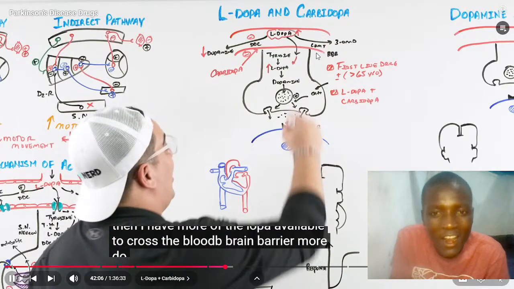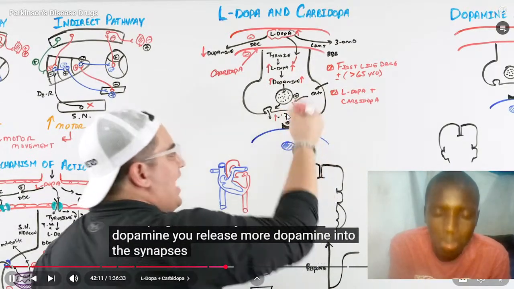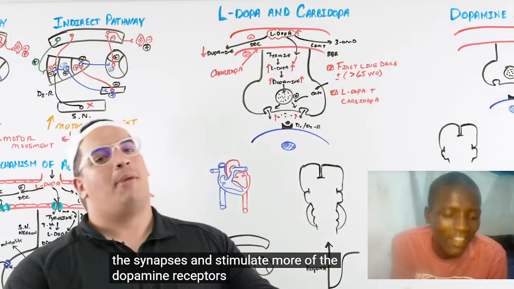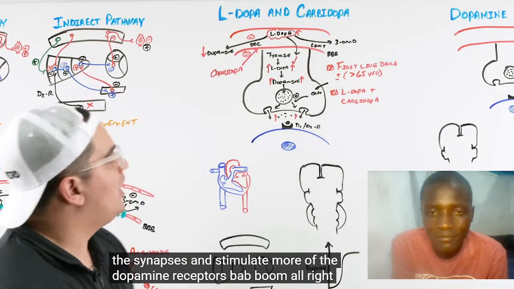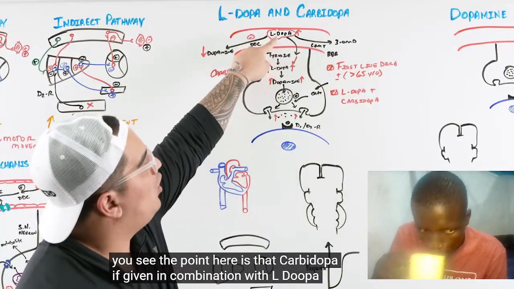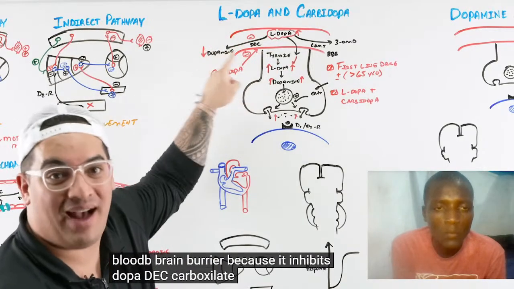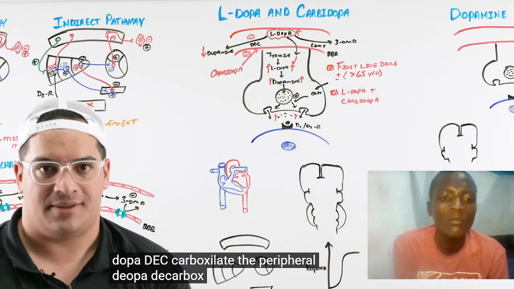More L-DOPA gets across, you make more dopamine, you release more dopamine into the synapses and stimulate more of the dopamine receptors. Ba-boom, all right? So you see the point here is that carbidopa, if given in combination with L-DOPA, will make sure more L-DOPA crosses the blood-brain barrier because it inhibits the peripheral DOPA decarboxylase, okay?